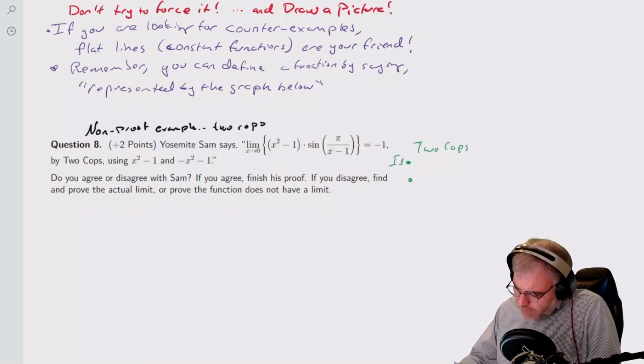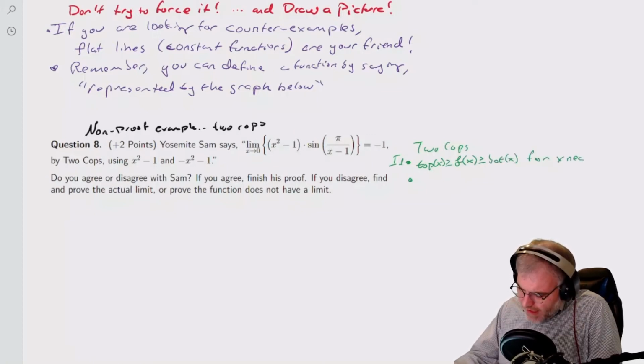If top of x is greater than or equal to f of x, greater than or equal to bot of x for x near a, and if, what's the other thing?